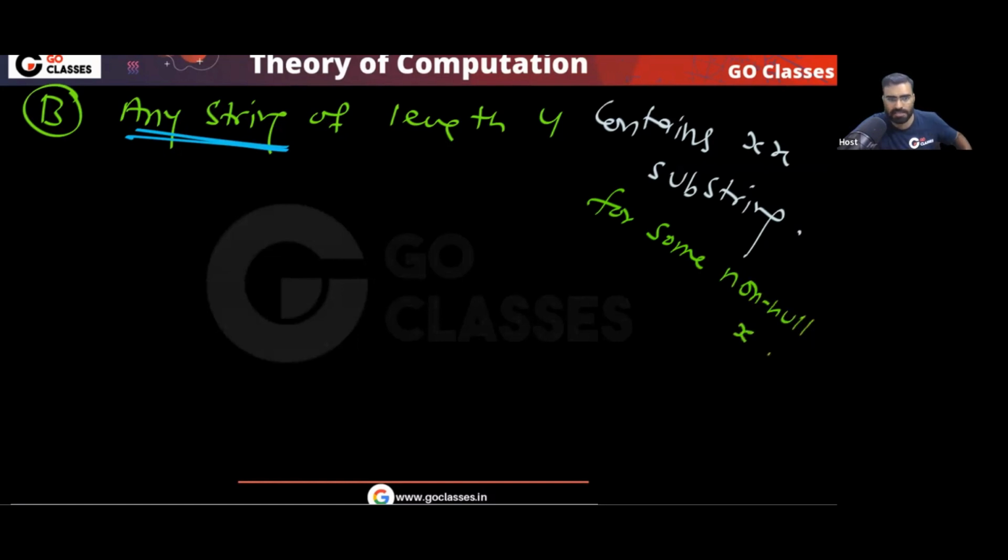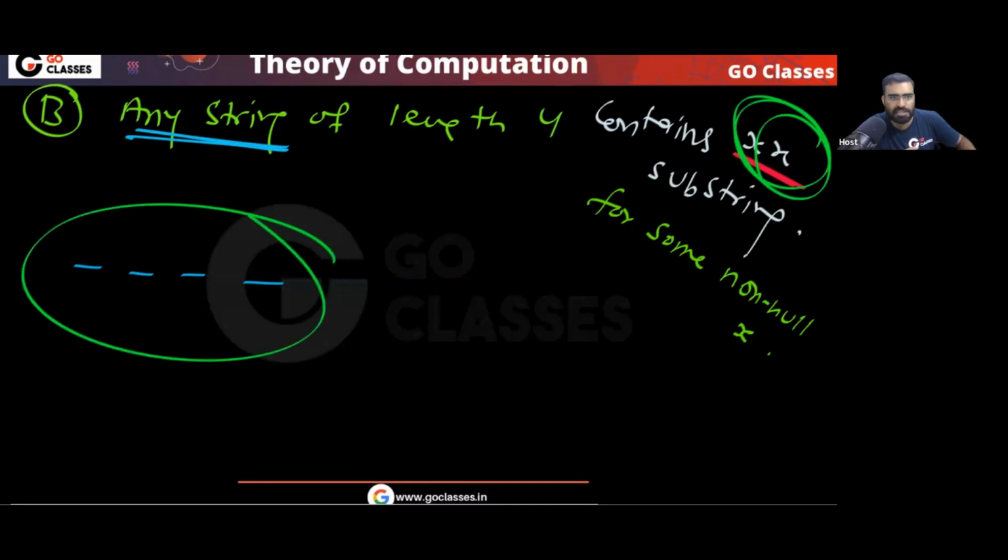Now how can you prove it? We want to create four length strings, and let's make sure that we don't create xx. Shall we do it? Let's take it as a challenge that I will create a 4 length string without creating xx.